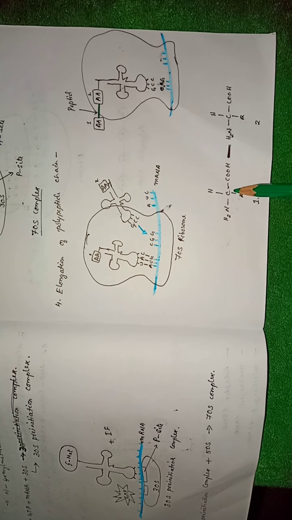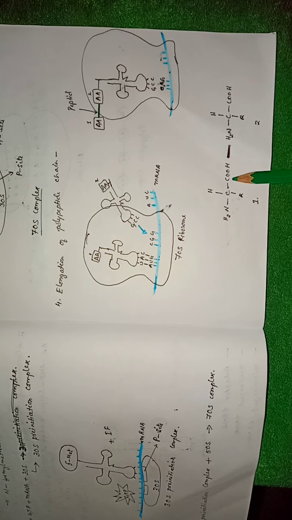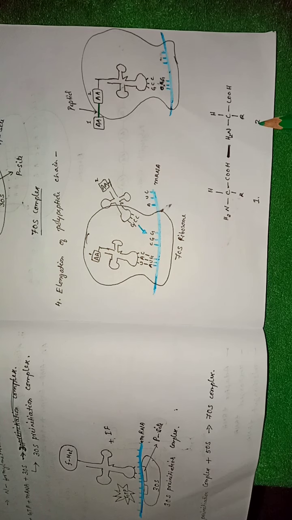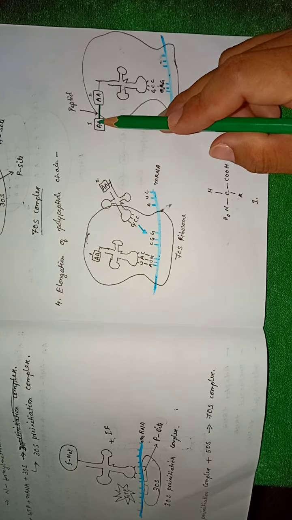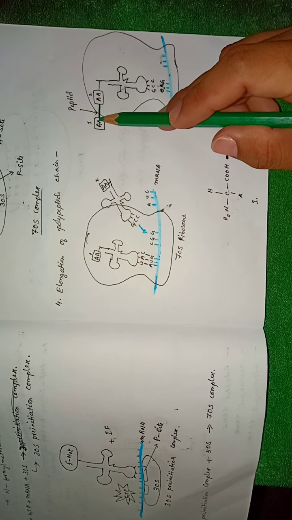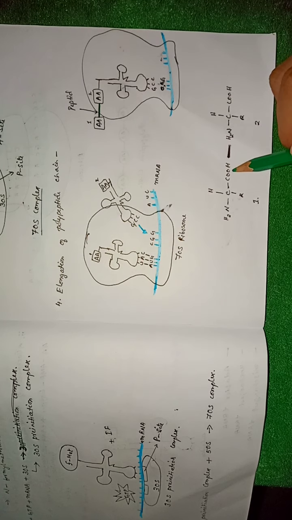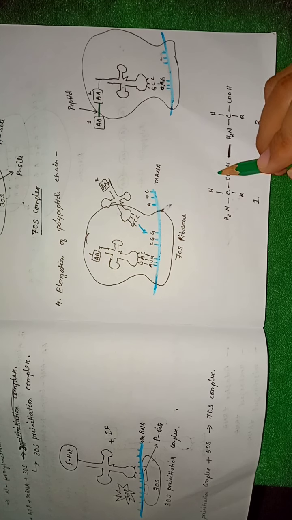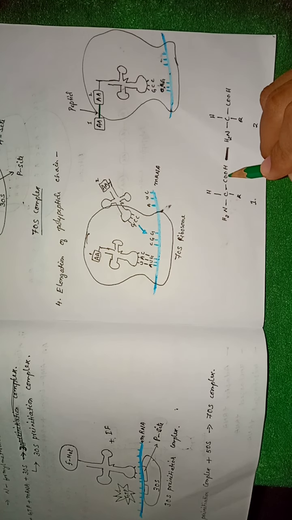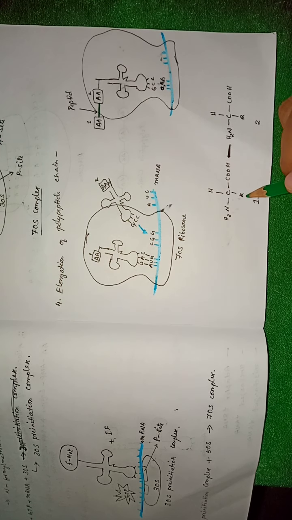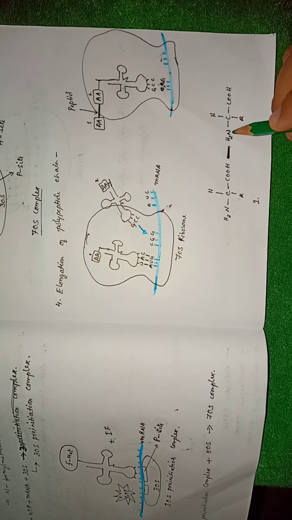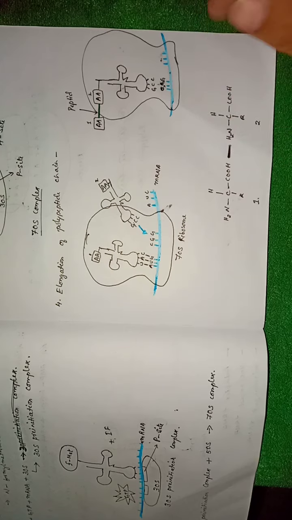Since this is the first amino acid, the carboxyl group of this amino acid will be joined with the amine group of the second amino acid. So this is how the attachment of the amino acids is carried out.